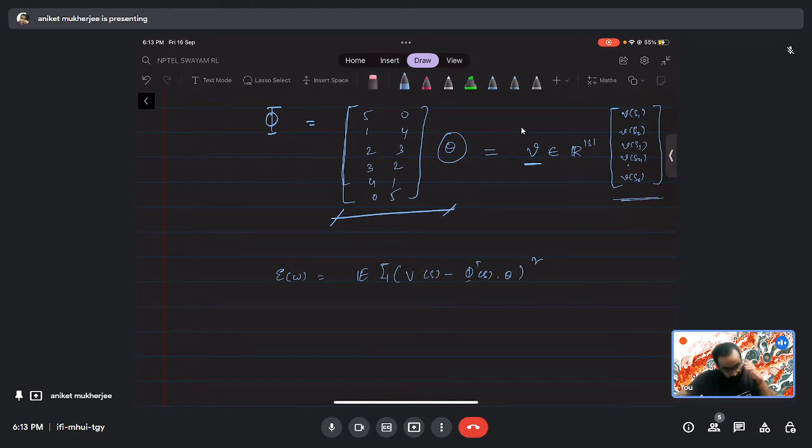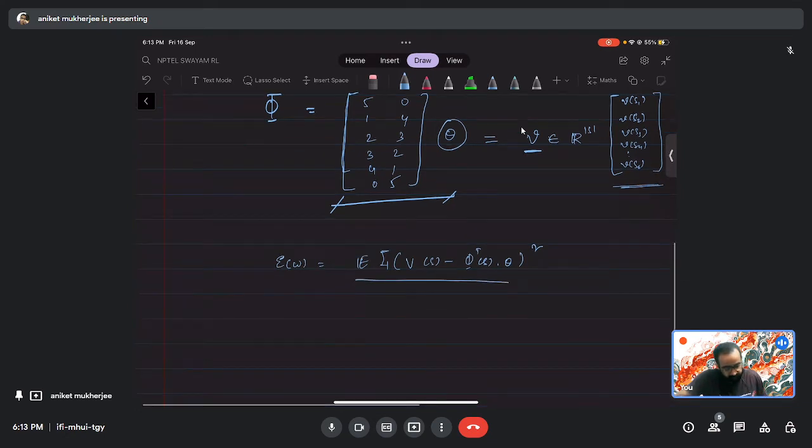Sticking to sir's notation, it's the expected value of (v(s) minus phi transpose(s) dot theta) whole square. So this is the least square error function. We try to find the minimum of this error over all theta. So I need to find a theta such that this term gets minimized.